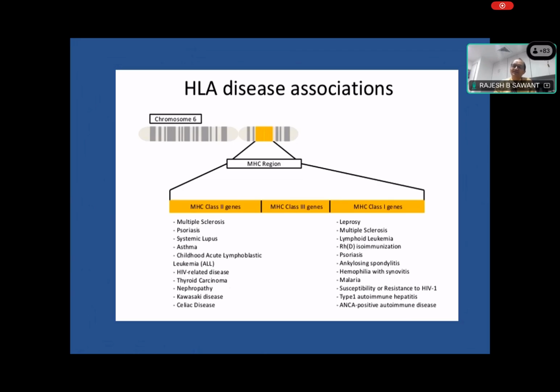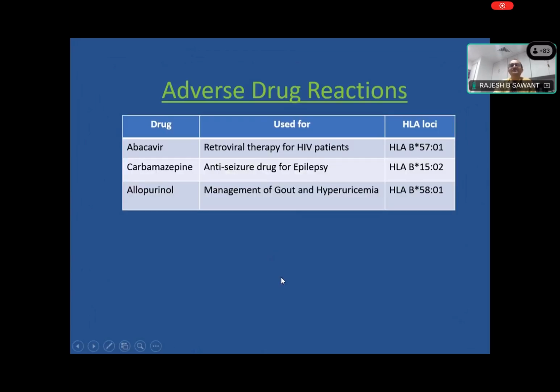So you may have a situation where the clinician may want you to test for one particular class 1 or class 2 HLA gene also, because he wants to establish the clinical diagnosis that he is suspecting in his patient, right? So as far as drug reactions are concerned, these are the most common requests that we get.